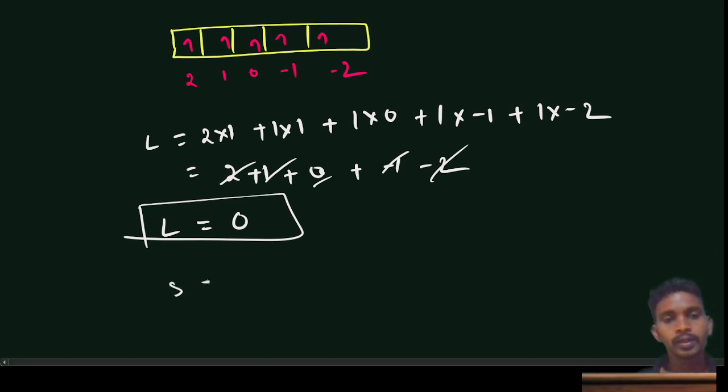Now we look for the S value. The S value is 5 into half, that is 5 upon 2.